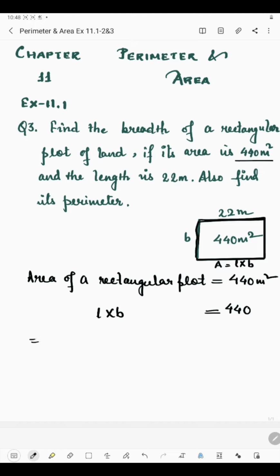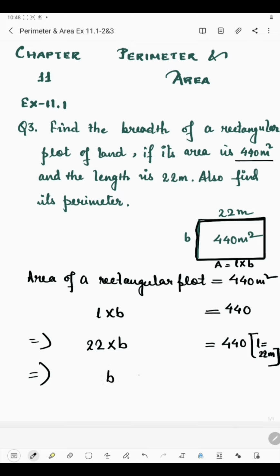Now here length is given, so in place of length we can write 22, and everything else will remain the same. Only in place of length we have put 22. Now from here we will have to find the breadth of the rectangular plot, because this is not given to us.